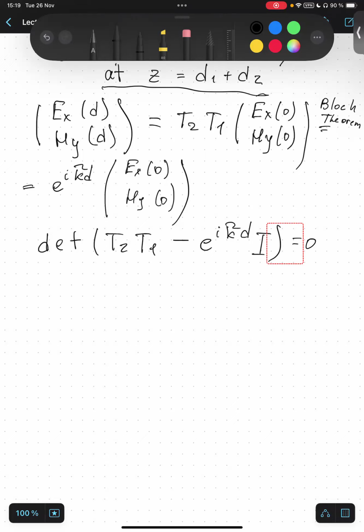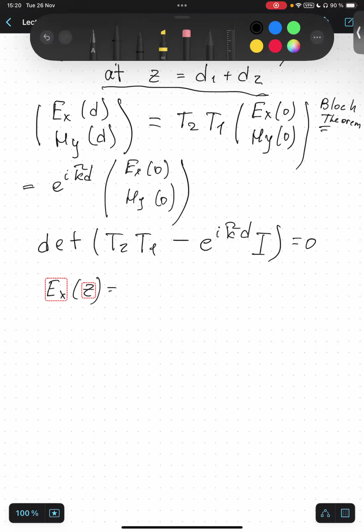So first of all, we should find the fields, electric and magnetic fields. So let's write the electric field. We also remember that in such systems, we have two waves that travel in plus z direction and minus z direction.